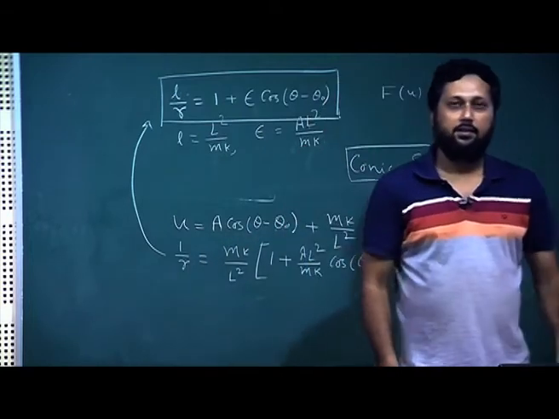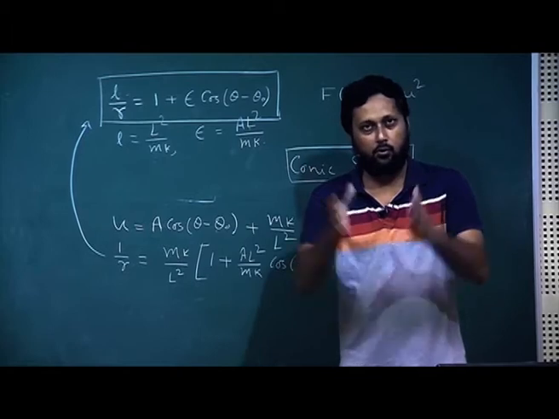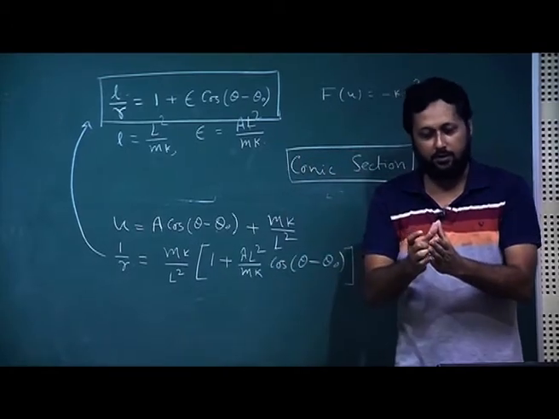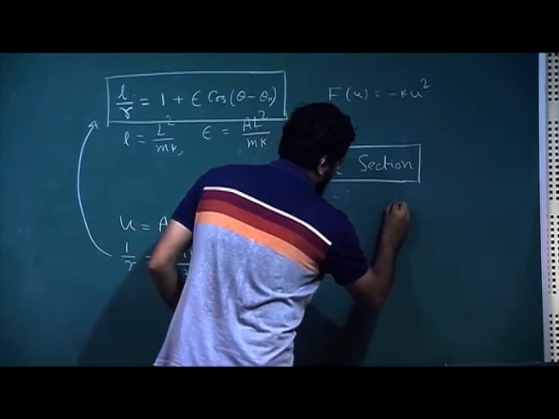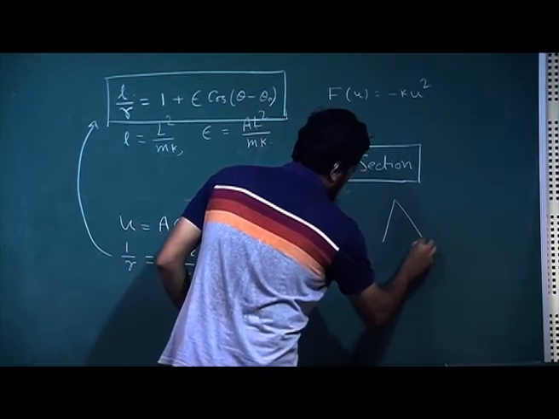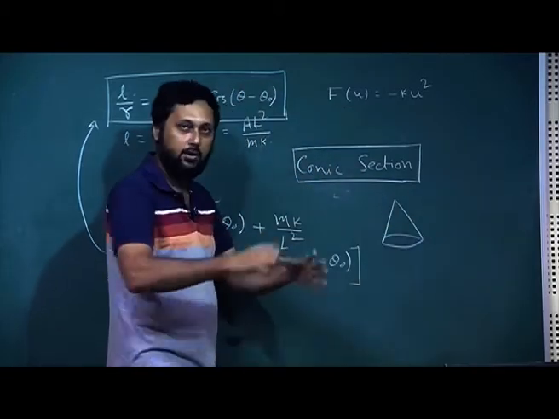The definition of a conic section: we all know cones, right. So, these are 3D structures which look like this. So, this is called a cone, a solid object.